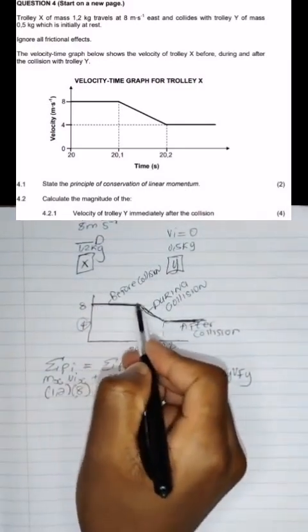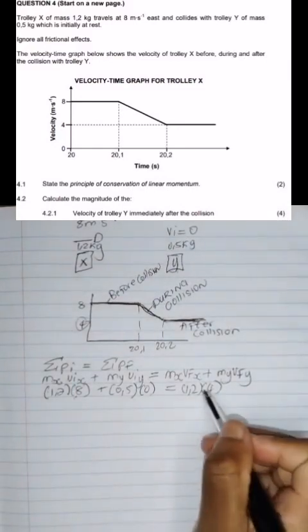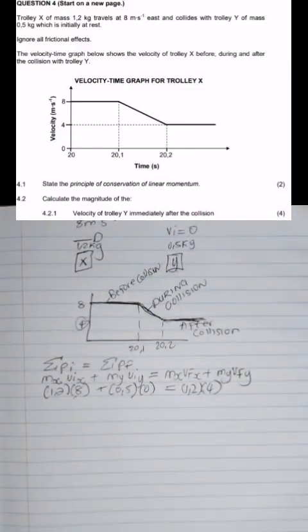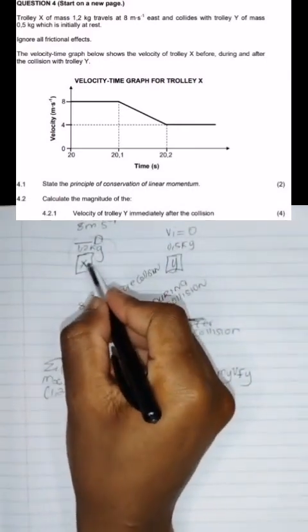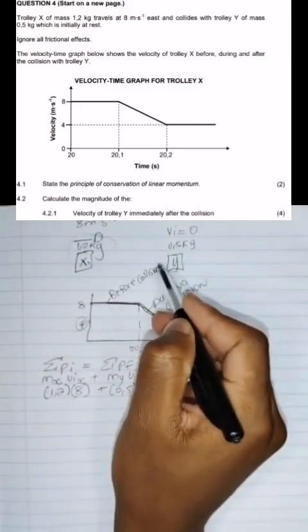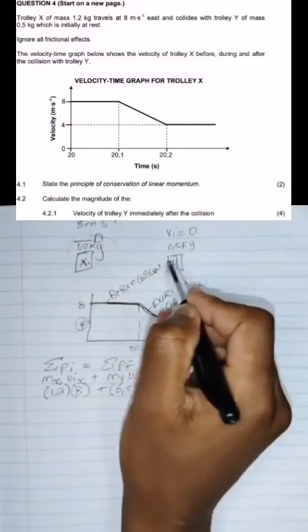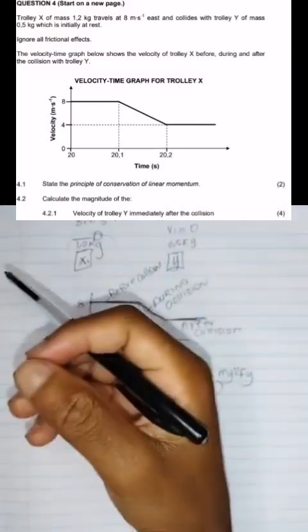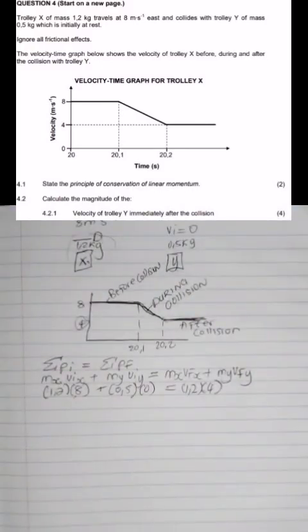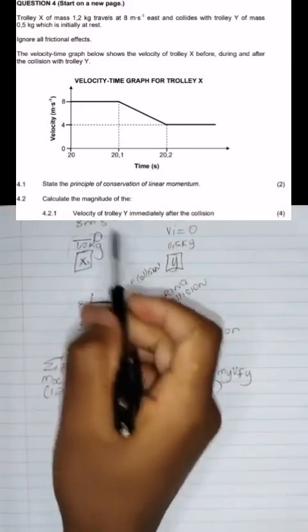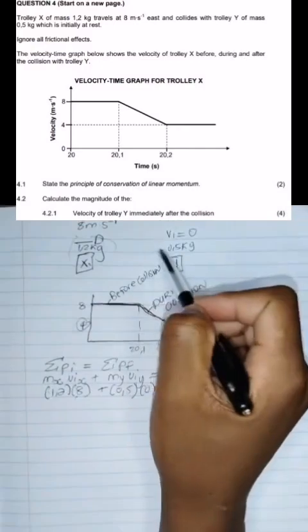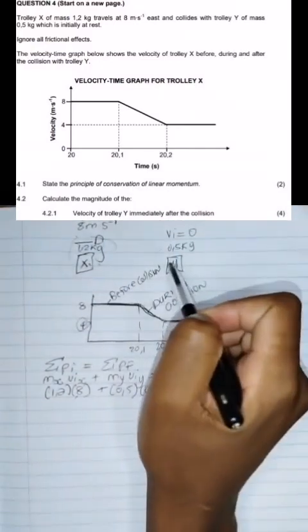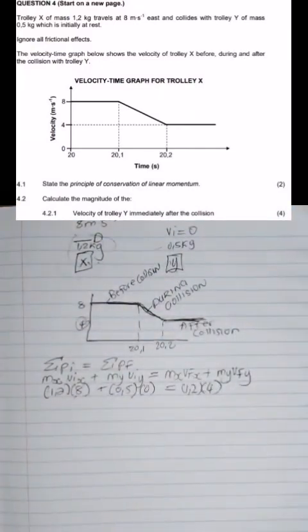It's also moving to the right, so it has to be positive, because X has the greater mass and is moving at 8 meters per second, while Y is initially at rest. So block Y cannot obstruct block X from moving east, and both of them have to move towards the east.